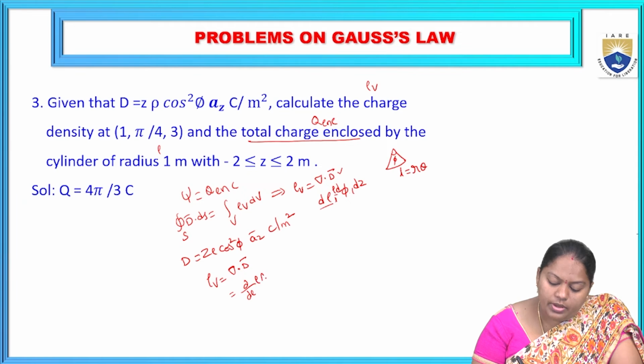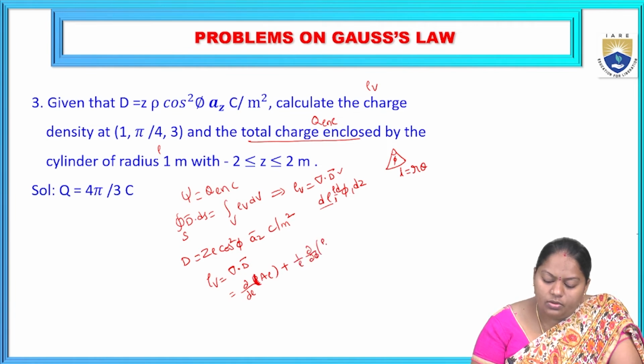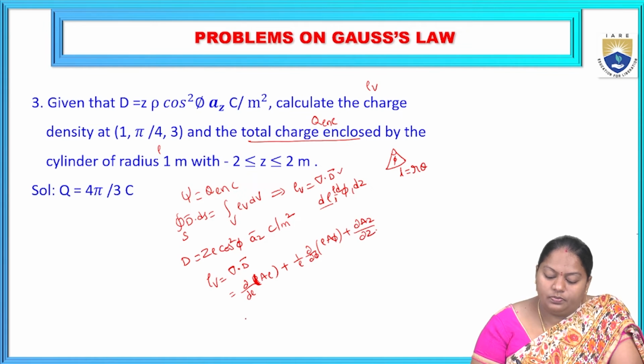1 by rho, dou by dou rho of (rho a rho) plus 1 by rho dou by dou phi of (a phi) plus dou by dou z of (a z), right?